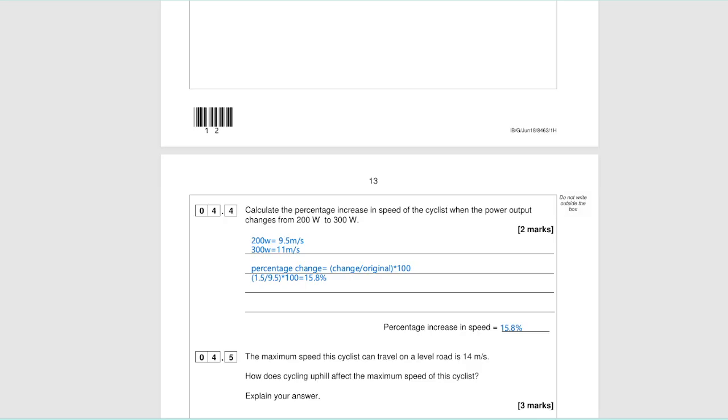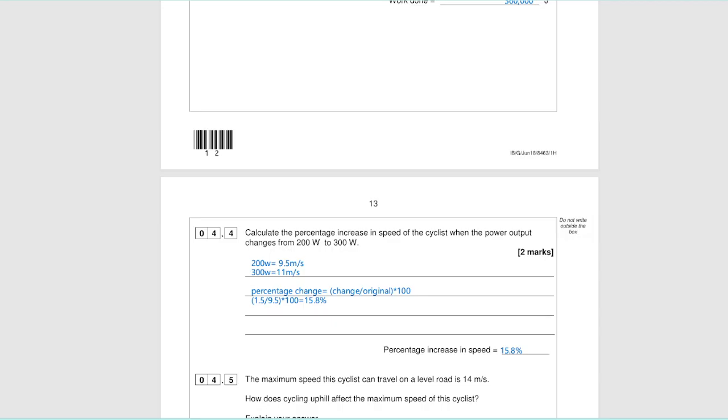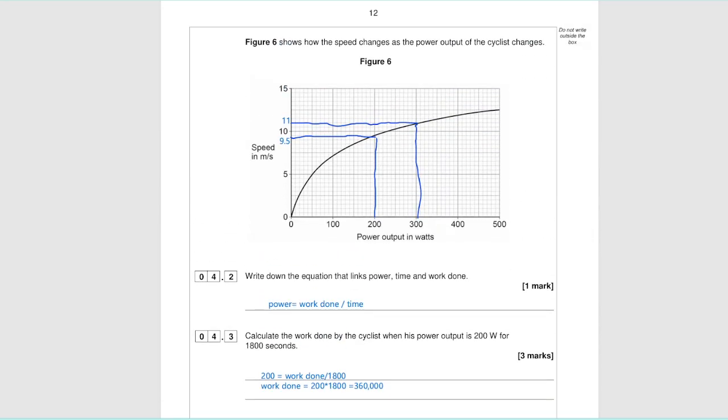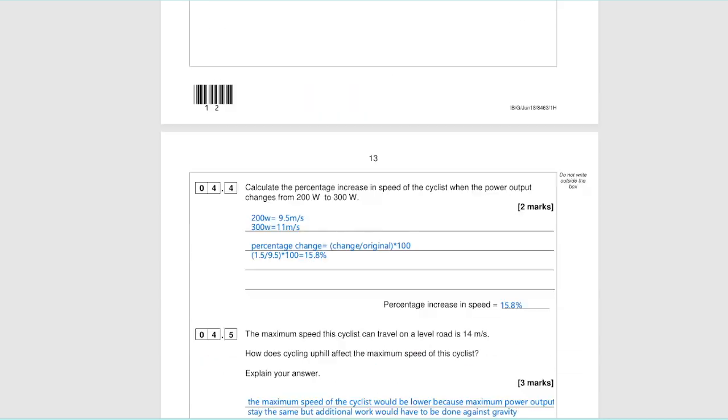And then moving on for 4.4, we're asked to calculate the percentage increase in speed of the cyclist when the power output changes from 200 watts to 300 watts. What you can see here for 200 and 300 watts, I just drew up the graph and went across. For 200 watts, it's 9.5 meters per second, and for 300 watts, it's 11 meters per second.